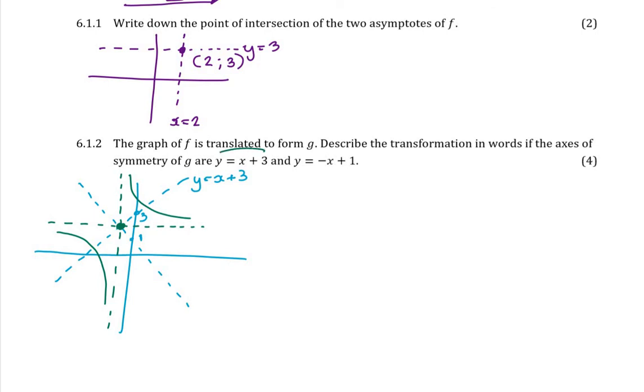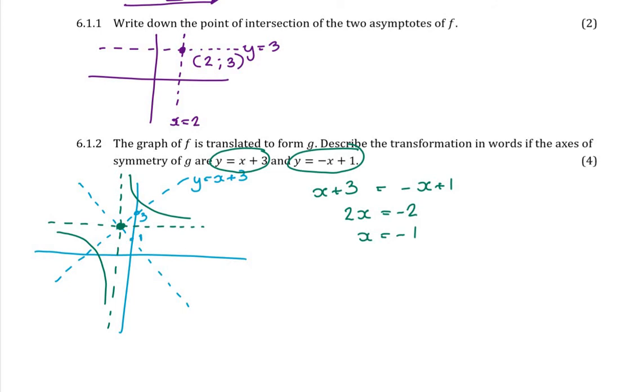So y is equal to x plus 3 is going to intersect the other axis of symmetry at the point of the two asymptotes. So I want to know, where does y is equal to x plus 3 equal negative x plus 1? So 2x would equal negative 2, x will equal negative 1, which kind of looks plausible in my little sketch.